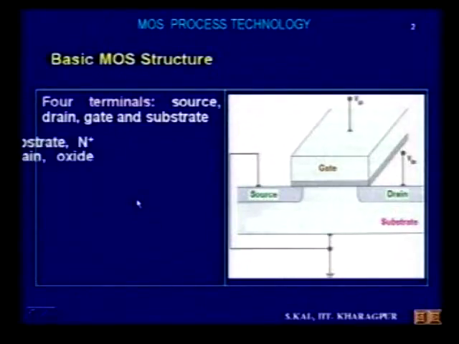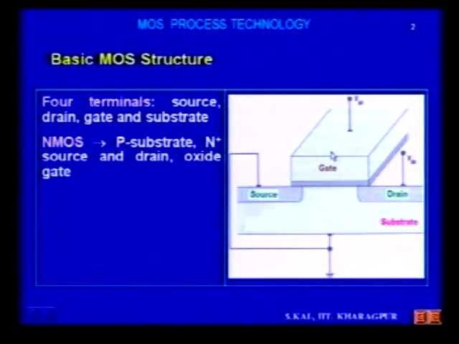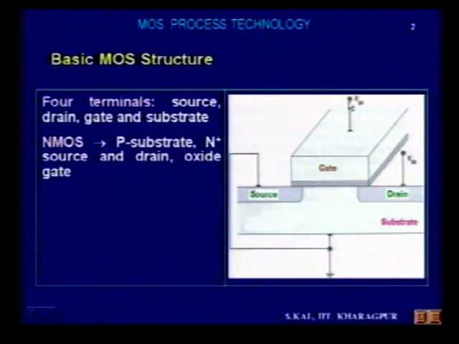So the basic operation is like this: if we apply a voltage at the gate with respect to ground, if you apply a positive voltage, then what happens? Here negative charges will be induced, the channel will be induced, to which we connect the source and drain.